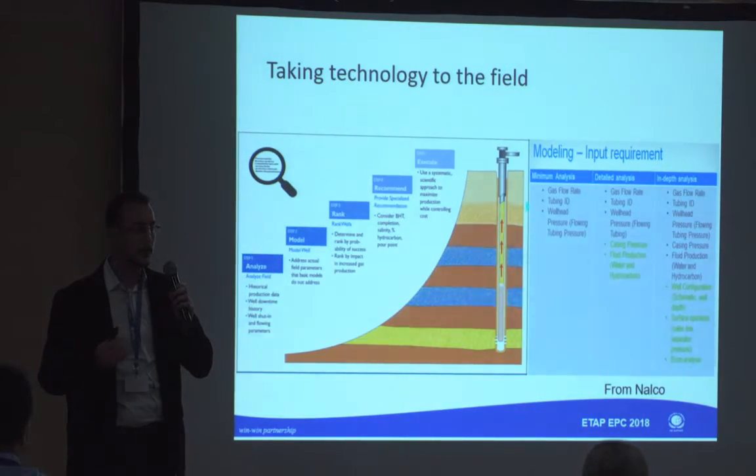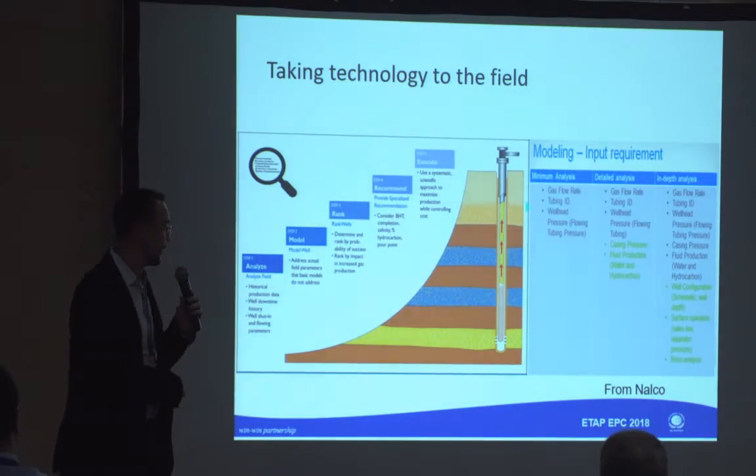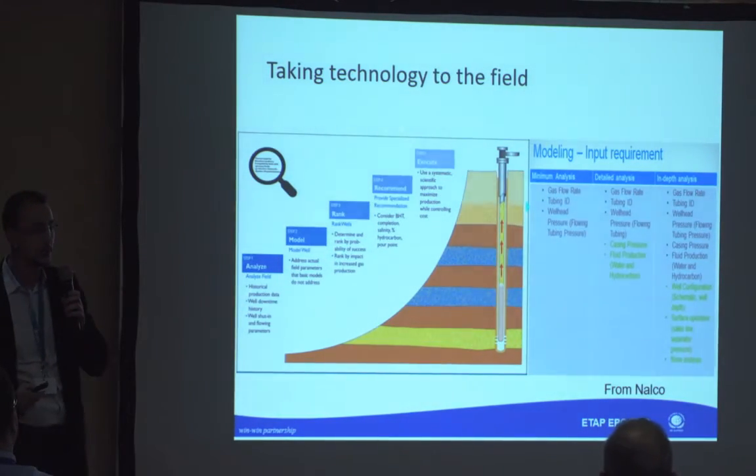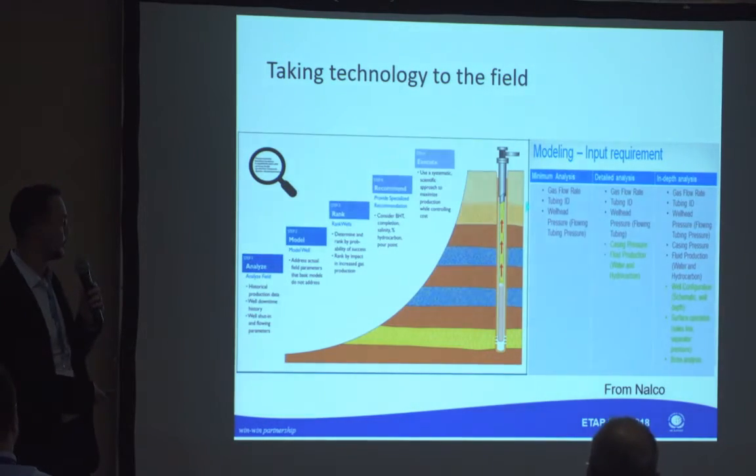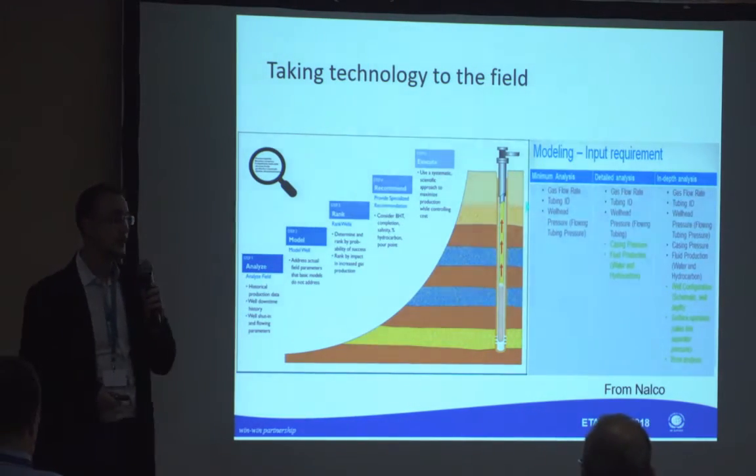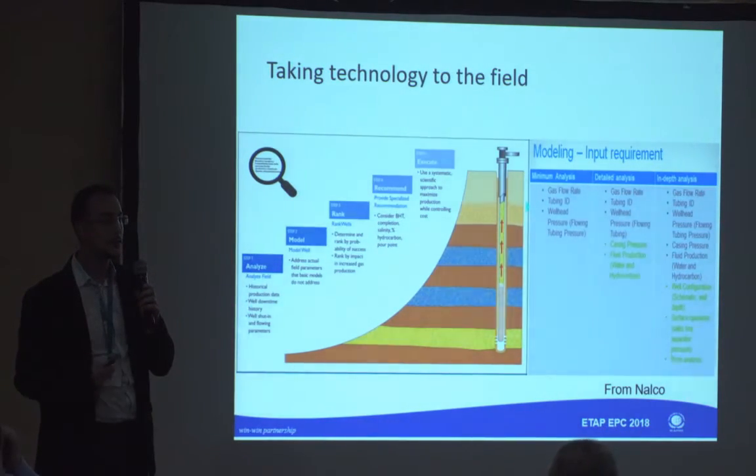separate the phases again. We also had to do compatibility testing because you don't know how the foamer chemicals will interact with the existing chemicals that you inject in your facilities. And also you don't know how it's going to interact with your production fluids.